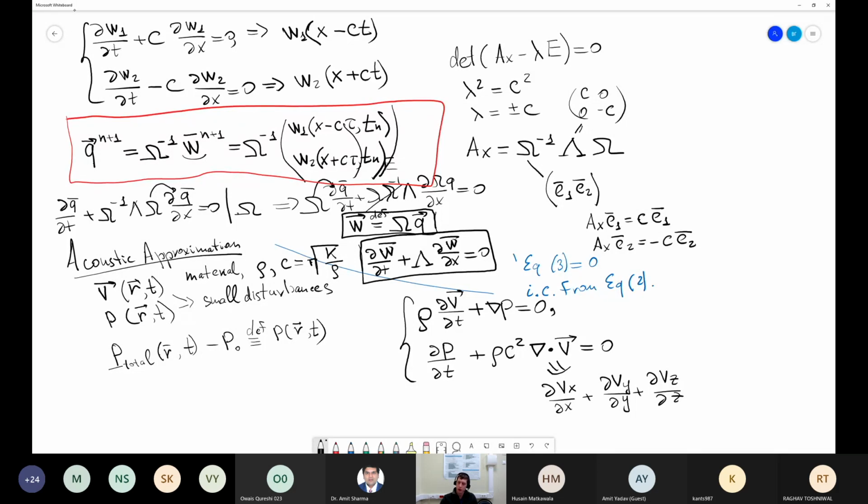For W1, let's count how many boundary conditions it is necessary to have. We are solving from 0 till L capital and time from 0 till T capital. To calculate the value here, omega 1 is here. So first of all, we have to specify one initial condition at this domain.